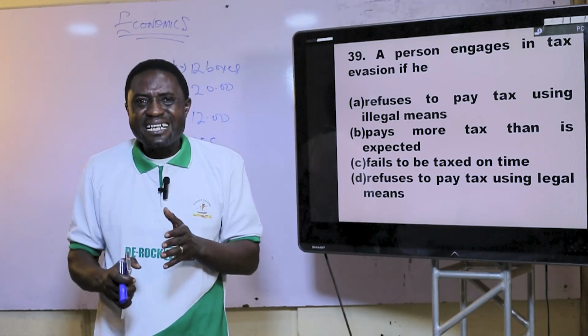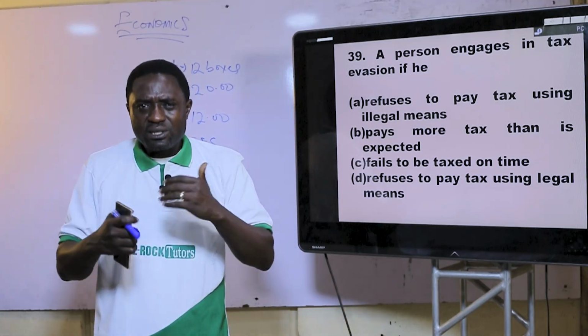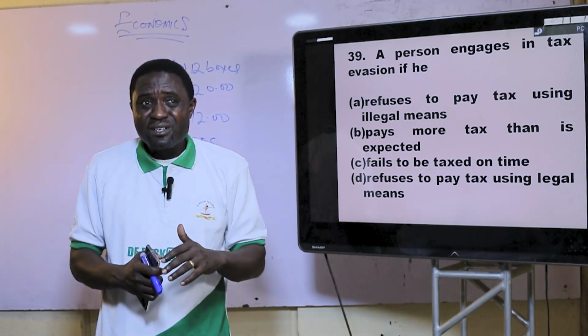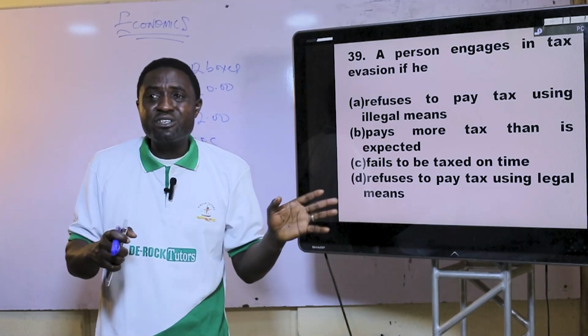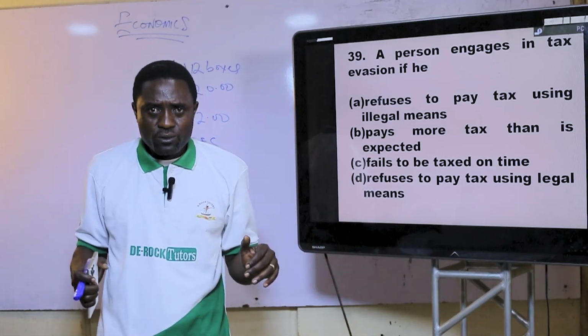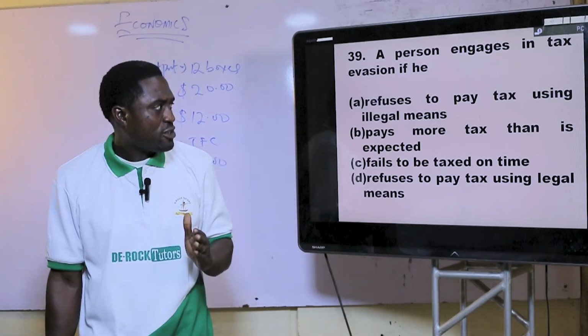If it is legitimate, that is tax avoidance. But when you are talking about evasion, you don't even want to pay, you are using crooked means to reduce your tax or to run away from paying what you are supposed to.